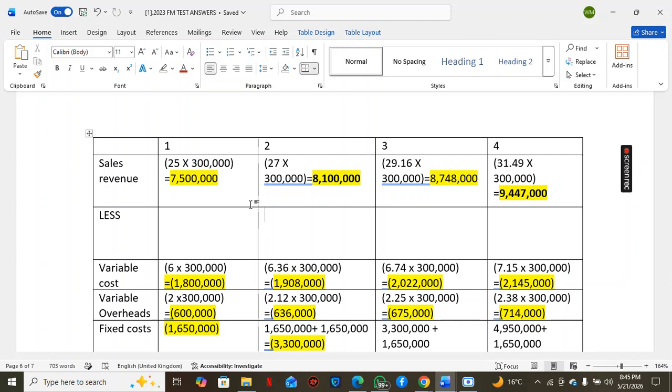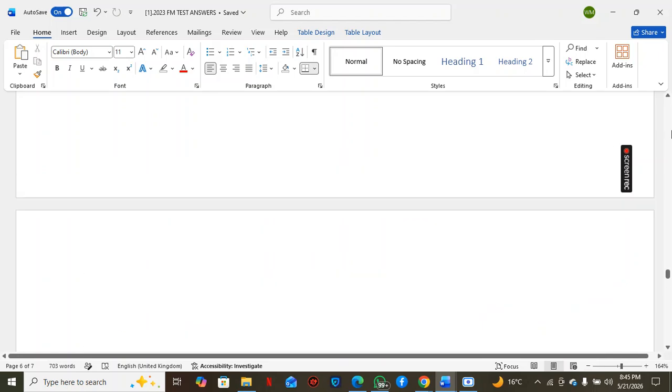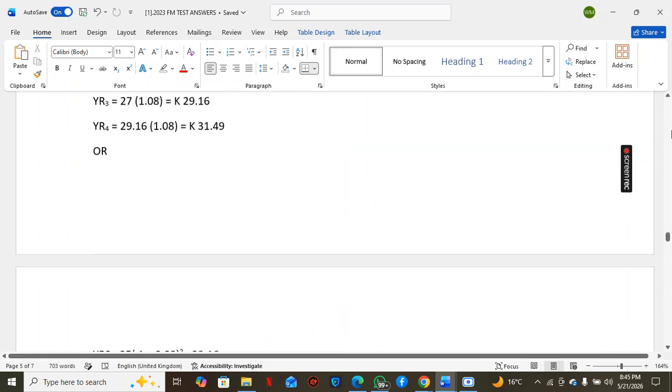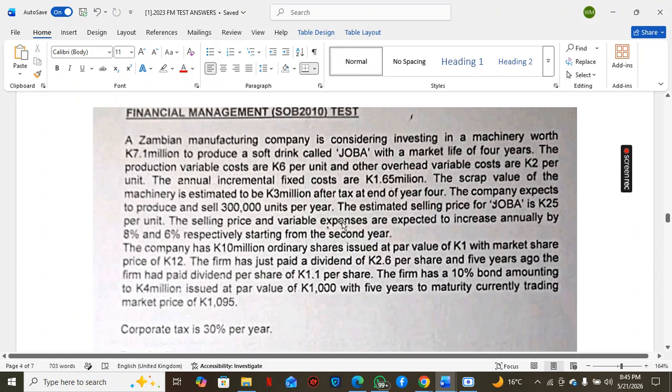Sales revenue, you're just going to multiply the selling price per unit times the number of units sold. If you see production and sales of the units, do not multiply by production, you'll get it wrong.